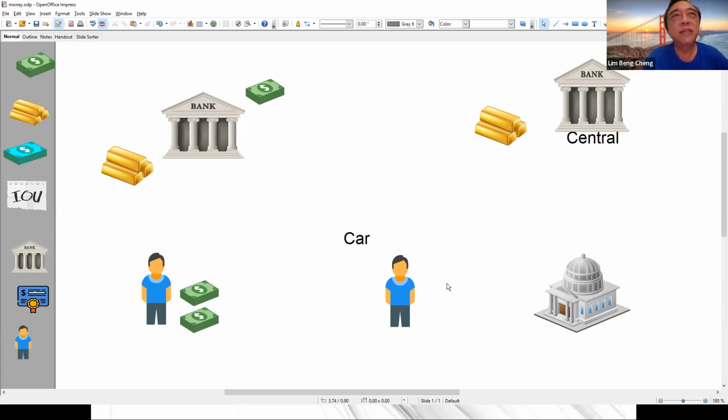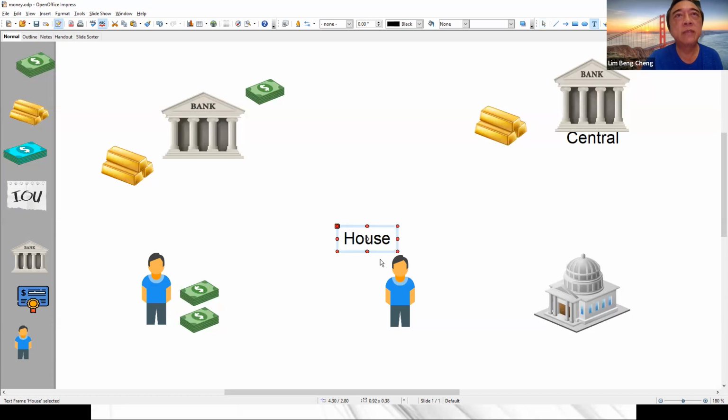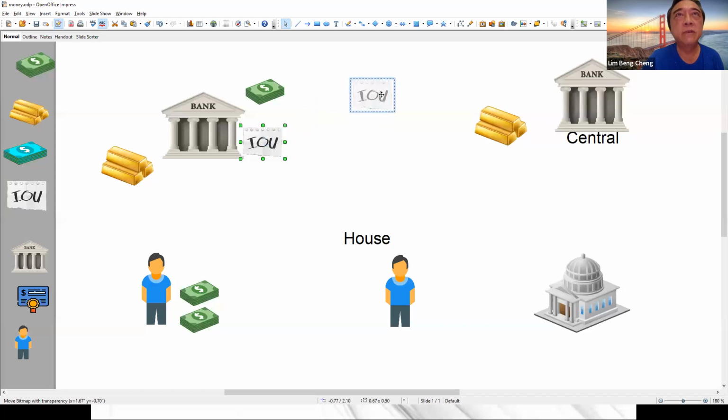Assuming that in this case, if this person will buy a car, or we change it to a house, which is more expensive. So now you want to buy a house, but this house requires a lot of money. So you don't have money. So how? So you will call this bank, which will borrow money from, say, a central bank.